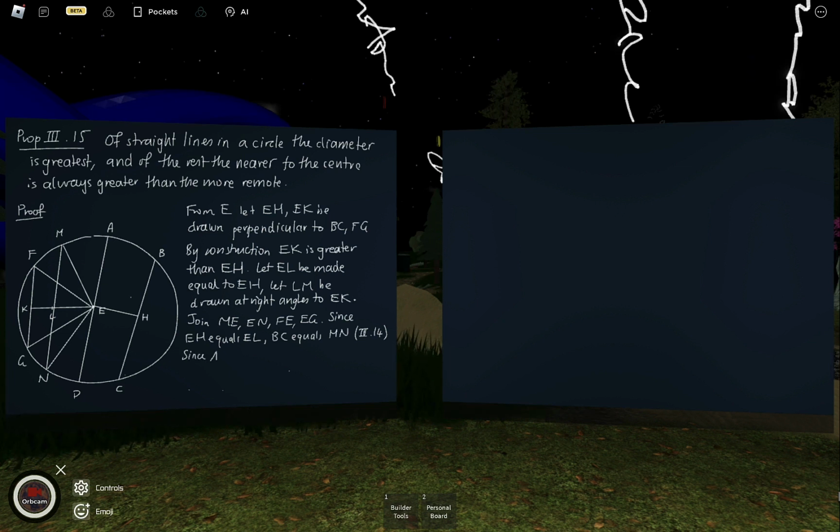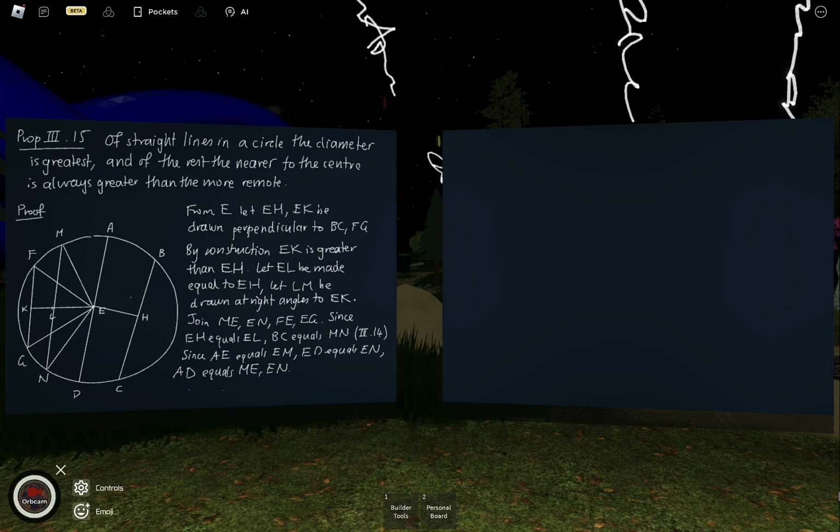And since AE equals EM because they're radii, and ED equals EN, same reason, AD is equal to ME plus EN.